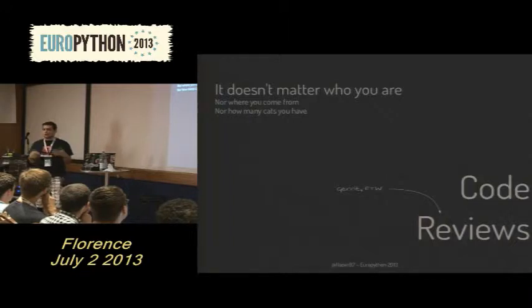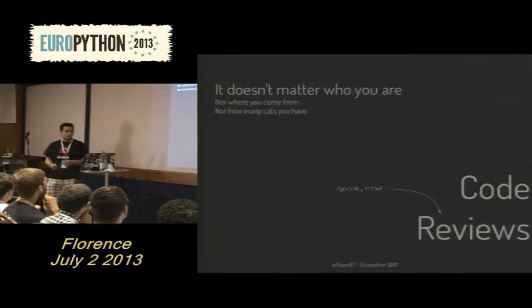And making sure that the code base is as stable as possible and that everything that gets in there makes sense, or at least makes sense. It doesn't happen all the time, but most of the time, yeah. So it doesn't matter who you are, where you come from, how many cats you have, we don't care about that stuff. You might be the smartest guy in the world. If you submit a patch, that patch is going to be reviewed, right? Because that's the way it should be.